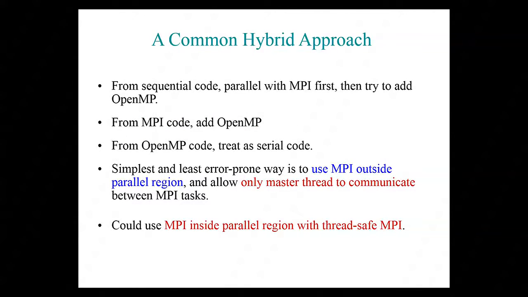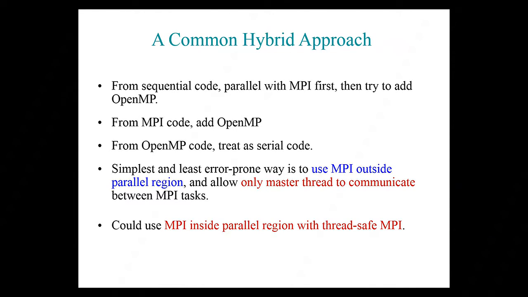So a common approach for hybrid parallel programming: we all know sequential code, and when you're starting with parallel code, you had better start with MPI first, because MPI will give you full scale.